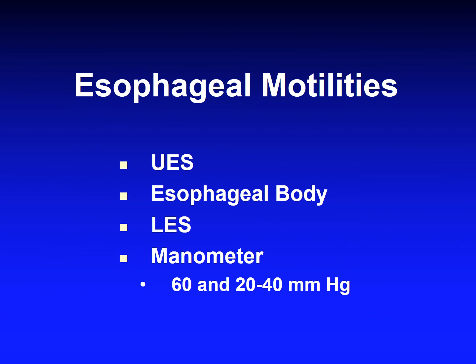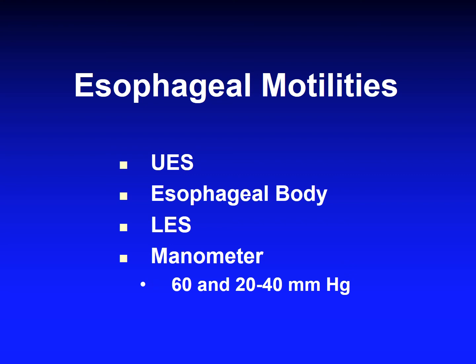Well, we have an upper esophageal sphincter, which is UES, and we have the esophageal body, and we have a lower esophageal sphincter, or LES, which is the cardiac sphincter. Some of you might be more familiar with the cardiac sphincter. It's another name for the lower esophageal sphincter.